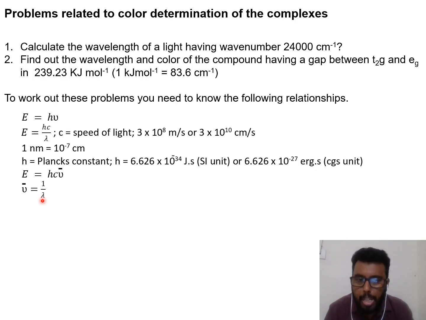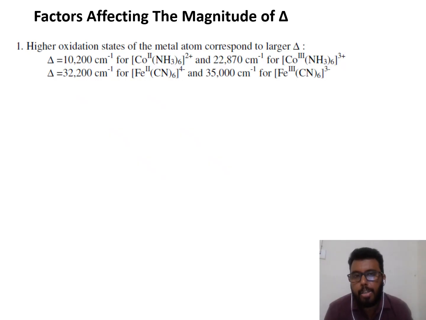What would you do to get the wavelength? Just move the lambda to the left side and bring the wave number, 24,000 centimeter inverse, to the bottom. So you will get 1 by 24,000 centimeter inverse, that will be 400 nanometer. Okay, like that you can do.